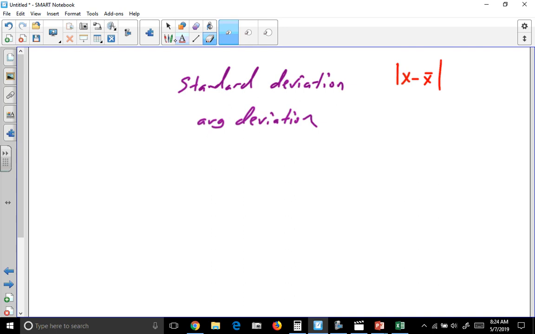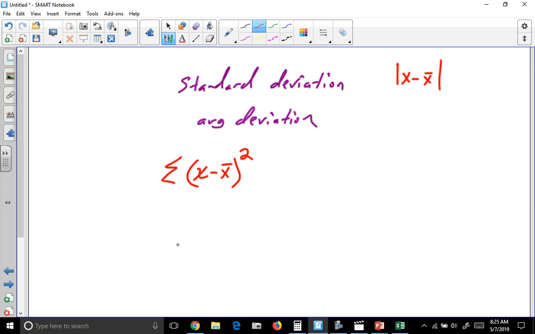So what statisticians have done is they've said, well, let's take the deviation, and to make sure that that is a positive number, let's square it. Now that changes how big the number is, but we'll deal with that in a minute. So if we square our deviation and add those together, then we can divide by n.